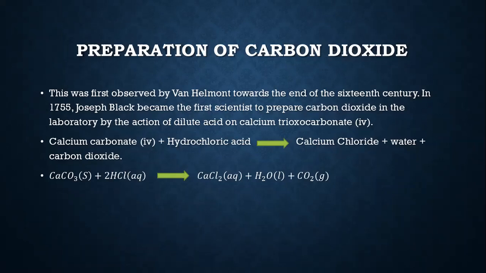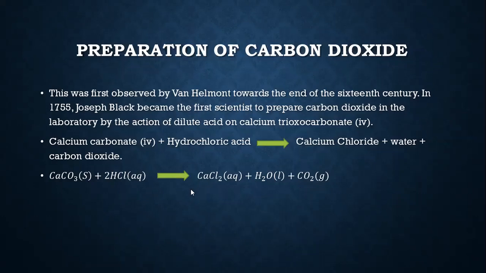If you remember when we were talking about acid, one of the chemical properties of acid was explicitly this type of reaction, and that shows the evolution of carbon 4 oxide. So here we have CaCO3 reacting with HCl to give us calcium chloride plus water and CO2.